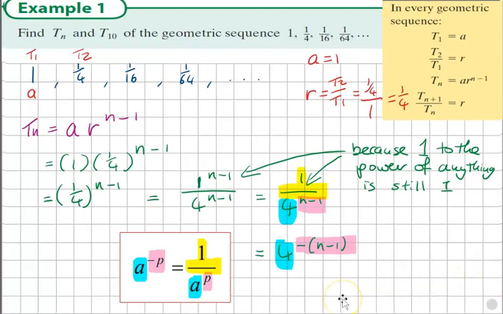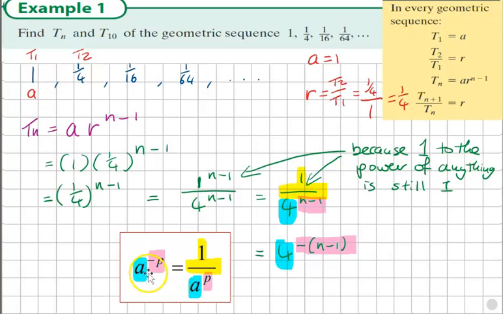So I've just highlighted to show where all the different bits come from. So the yellow part is the 1 over, and we can see that in the formula. The blue part is the 4, so that would be the a in our formula. And the n minus 1 would be the p in our formula. So again, it's the rule in reverse. So we're getting rid of the 1 over.